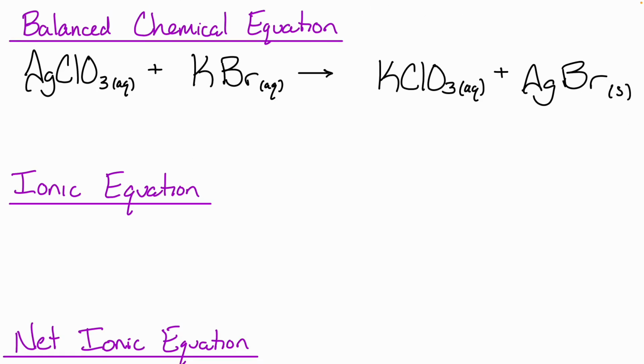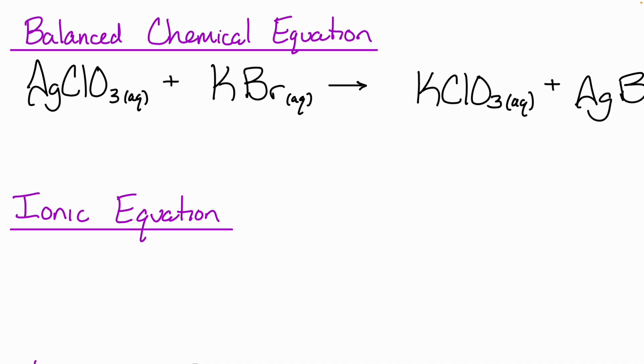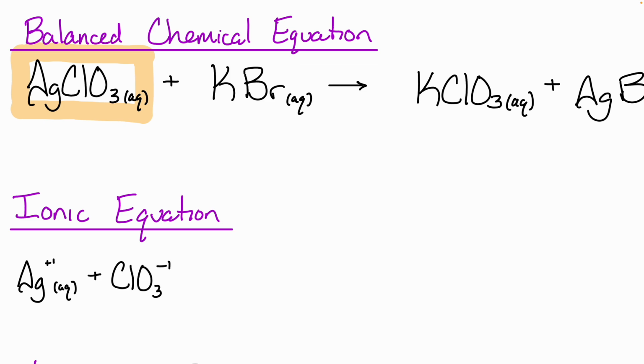All right, so I'm going to do the first one together, and then I want you all to do the next one on your own here. I'll focus on our first aqueous compound, the silver chlorate. So I'm going to break this up into the silver ions with their charge, and the chlorate ion with its charge.